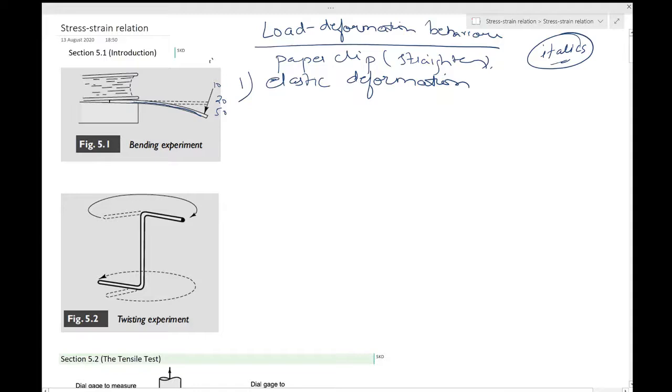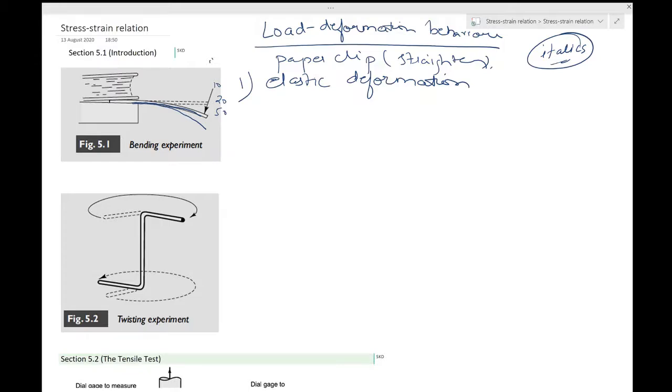This will deform more. So this is an observation you can make. Don't apply a lot of force, but at the same time apply more than what you had applied before. So you will see that the greater deformation will require a greater load.